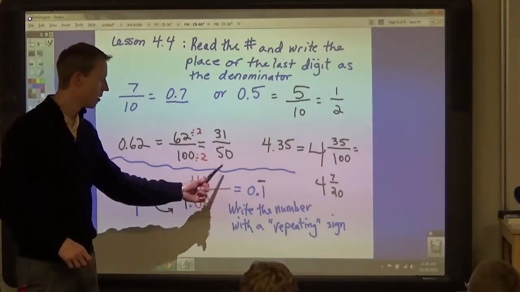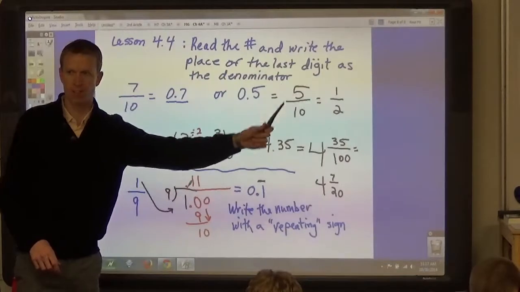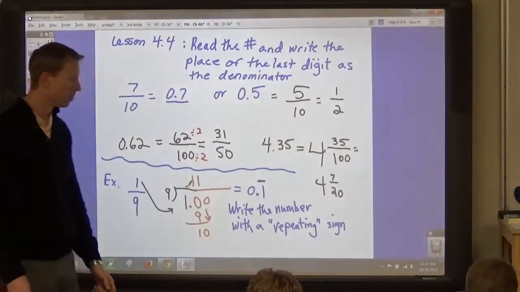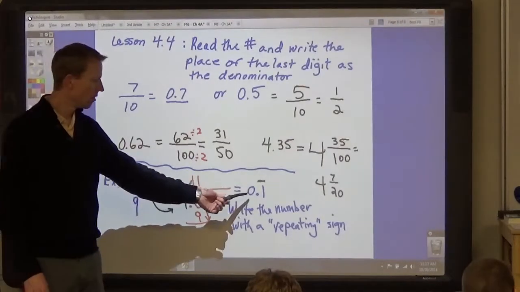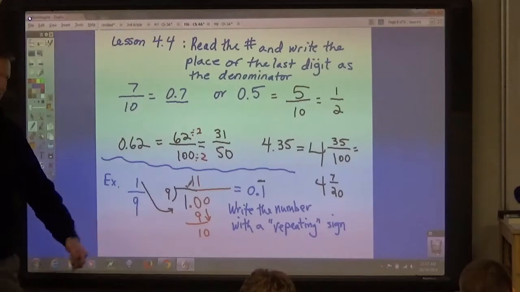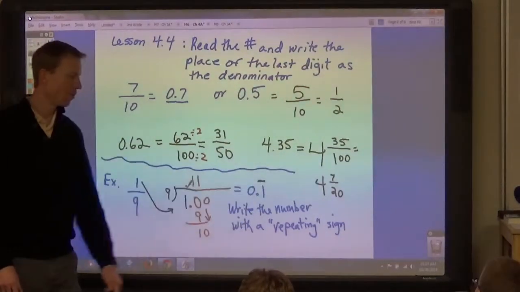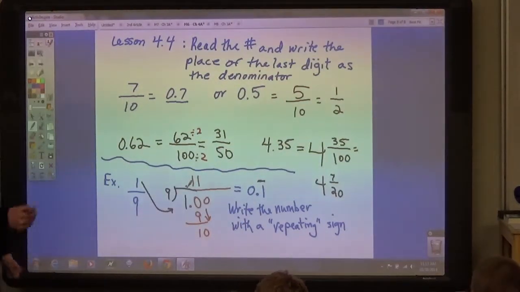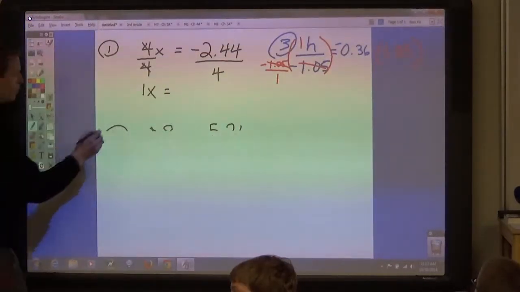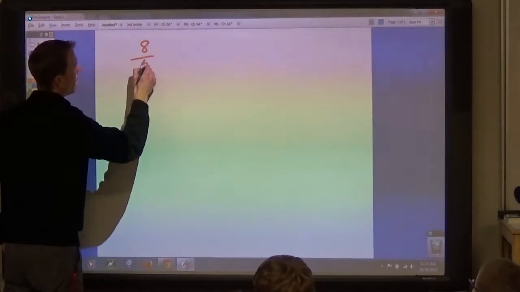The 1 is going to repeat forever and ever, isn't it? So we write the repeating sign above the 1 and read this as 1/10 repeating. Repeat that. 1/10 repeating. Right. I think Garrett asked, well, what if you had 8/9?